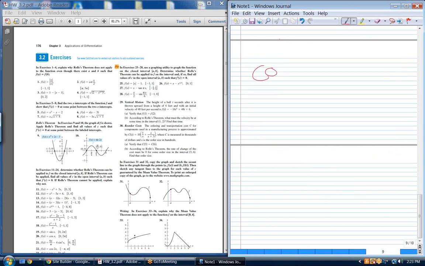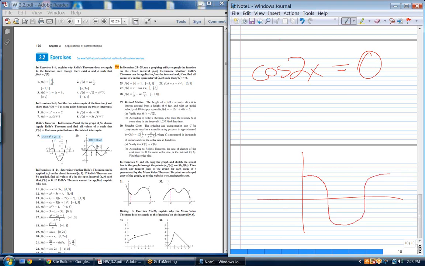So the cosine of 2x equals 0 where? Cosine of 2x equal to 0 at pi over 4 and, that's good, 3 pi over 4? Yes.